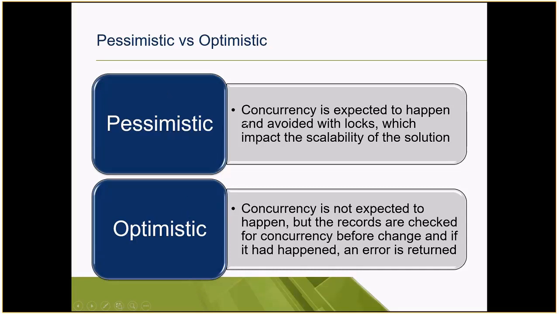Pessimistic is expecting the concurrence, so if a concurrence happens, the system gets slower. The system will need to wait. The first person updates the record, then the second person updates the record. But it will work. We will not get an error.